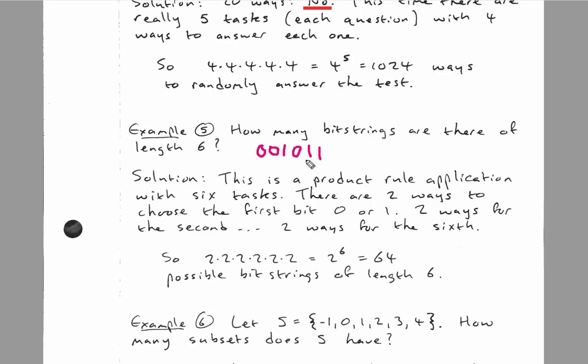This is a random example, but when I was coming up with it, the first task was to choose the first bit. I had 2 options, and then 2 for the second, 2.